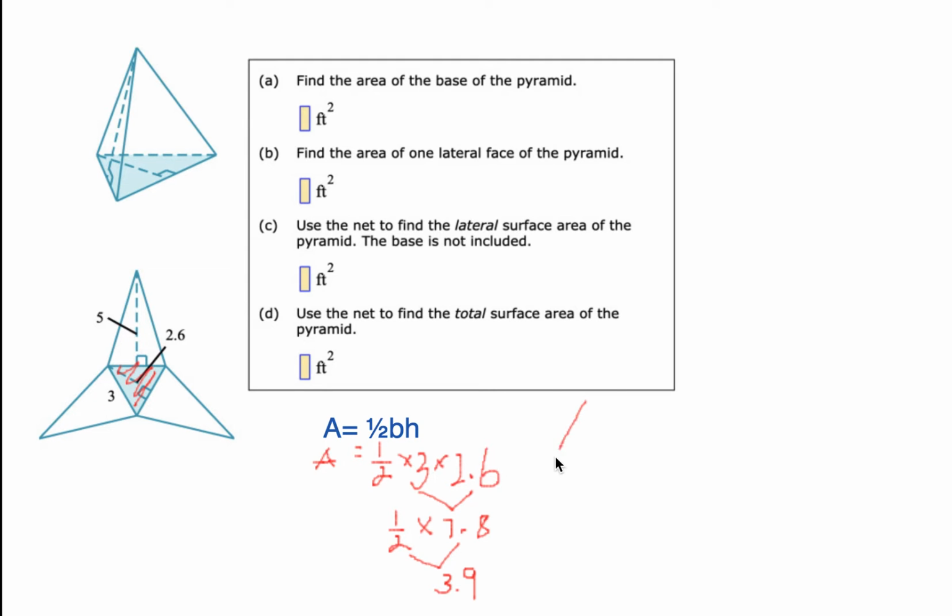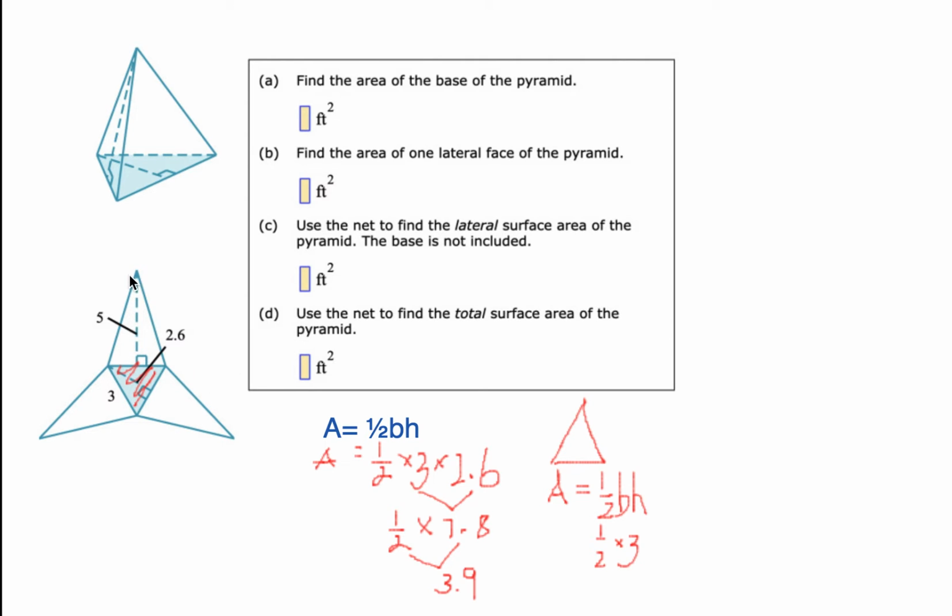So now I'm going to find this really long triangle right here. It is the same formula. Area equals a half base times height. I'm going to plug in for the base. Ooh, if this is 3 and this is 3, guess what this is? It's 3 as well. So a half times 3, but my height is going to be different.